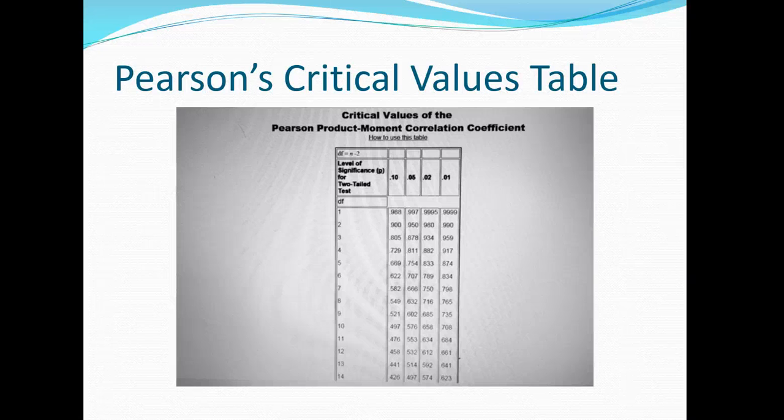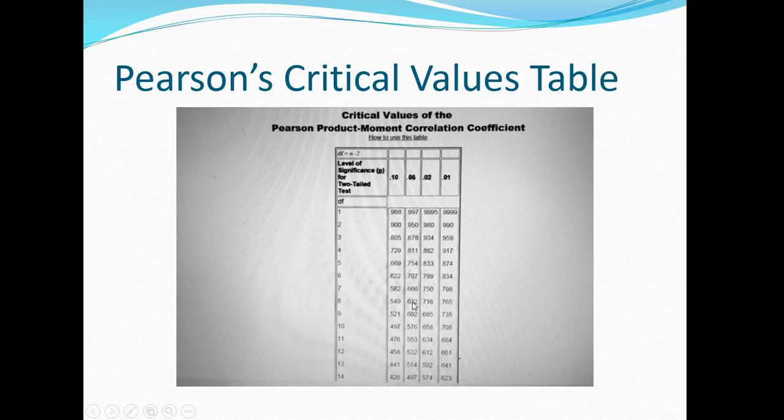But just like your chi-square distribution table that has the critical values using the degrees of freedom, Pearson's correlation statistics also has critical values called the Pearson product moment correlation coefficient critical values. So in our example, we have degrees of freedom of 8 and our significance level was at 0.05.